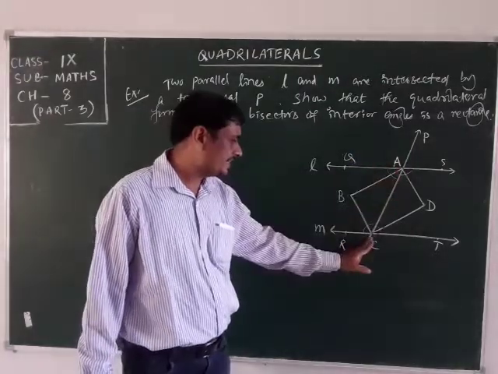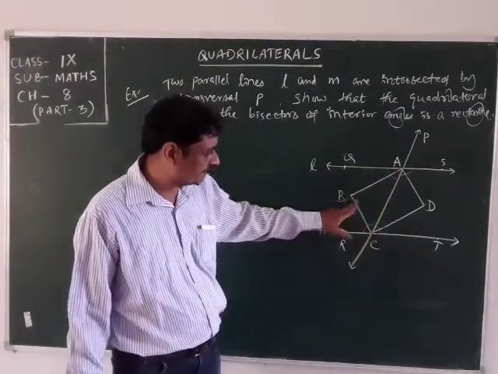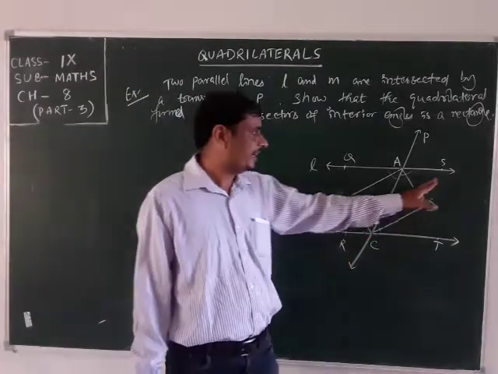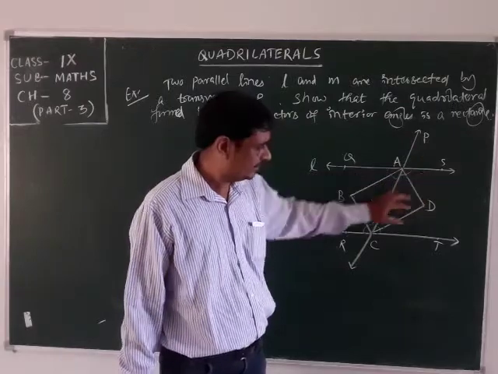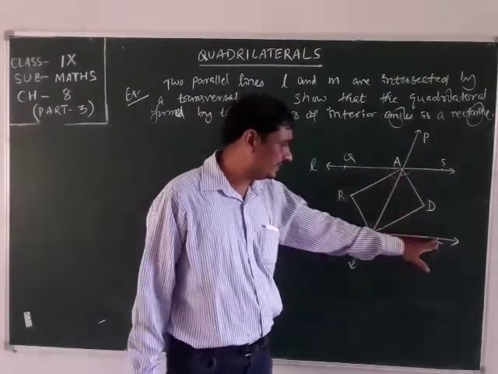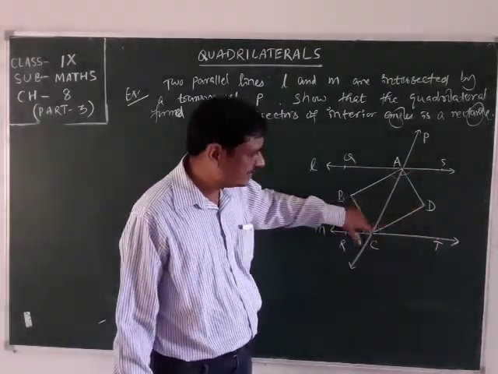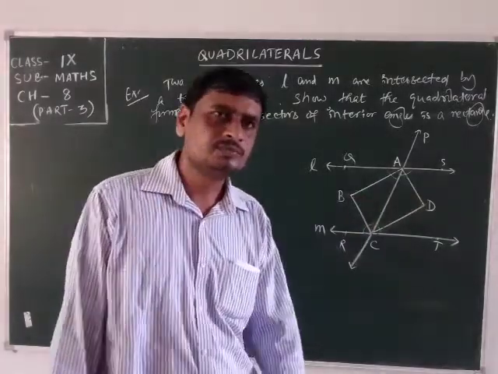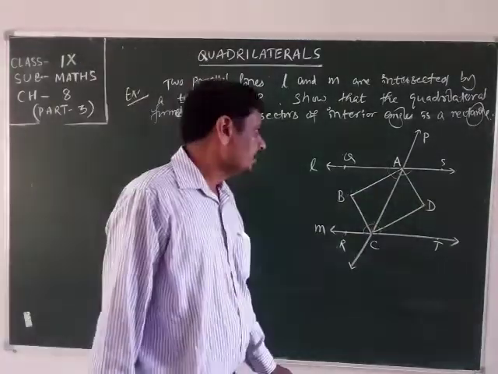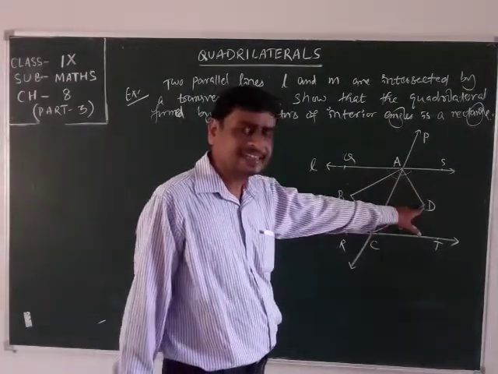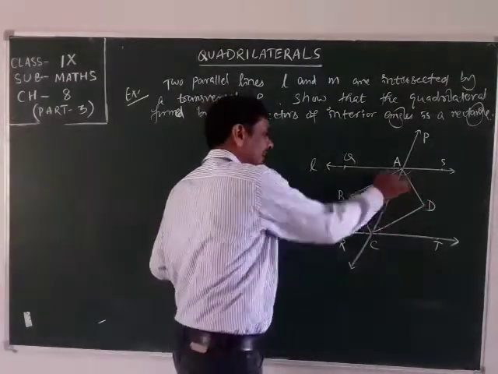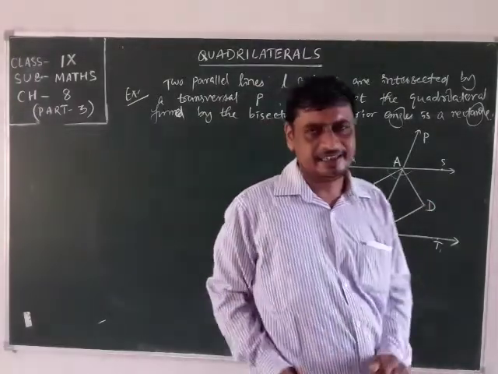Angle ACR is bisected by BC. Angle SAC is bisected by AD. And angle ACT is bisected by CD. Bisectors AB and CD meet at B, and these bisectors meet at D. Now we have to show ABCD is a rectangle.